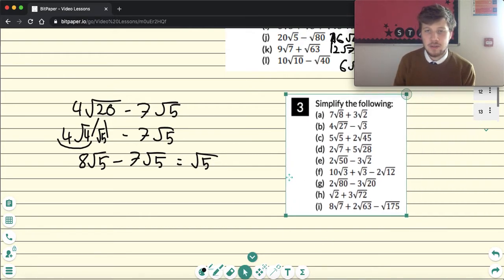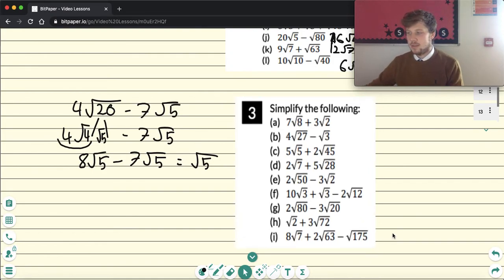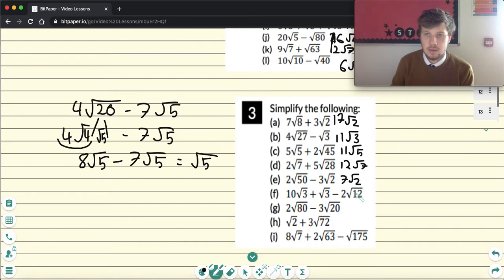So that should be enough information for you to pause the video and have a go at these questions here. And then whilst you're doing that, I'm just going to start populating in the answers. So, 17 root 2, 11 root 3, 5, 7 root 3.